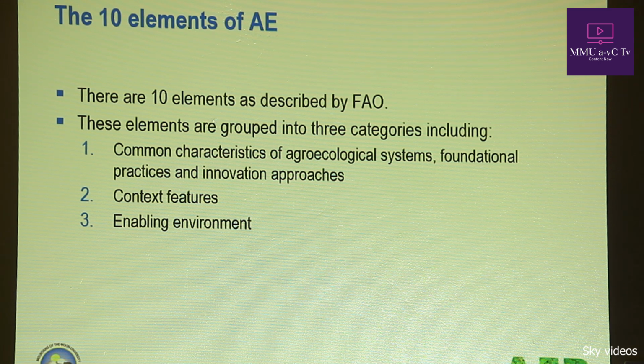Now, we have been talking about agroecology as a science, a practice, and a social movement.